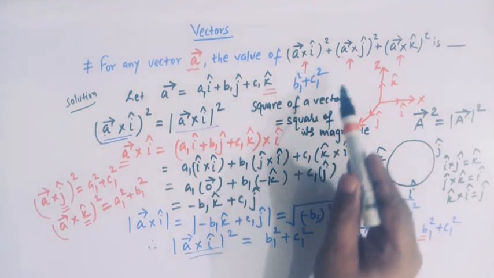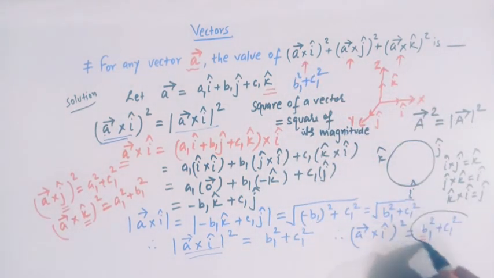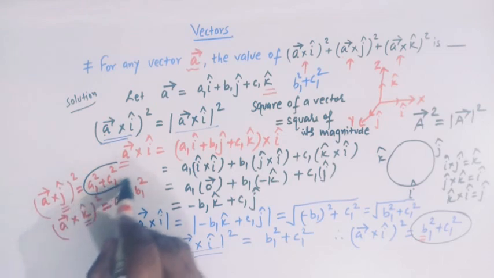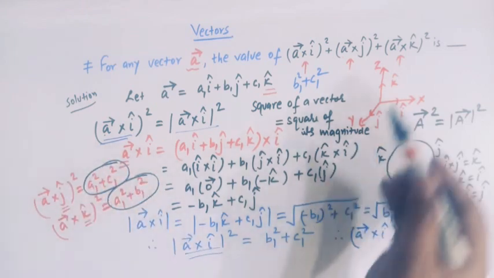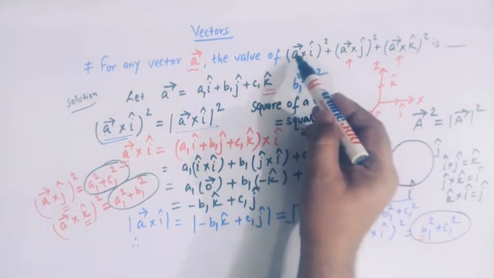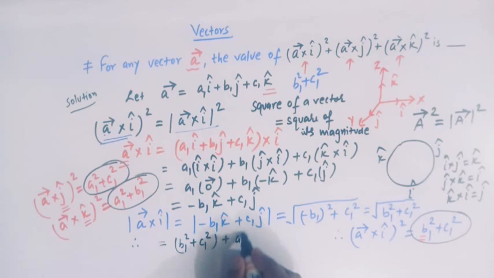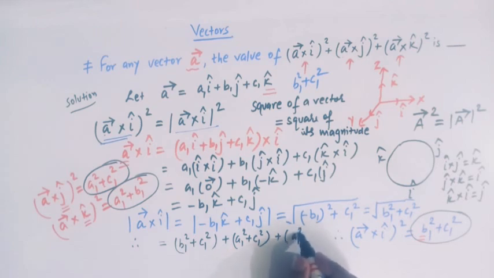So now to find the value of this expression, we'll add this term, then this term, and this term, right? So therefore the value of this expression is equal to B1 square plus C1 square plus A1 square plus C1 square, and then plus A1 square plus B1 square, right?